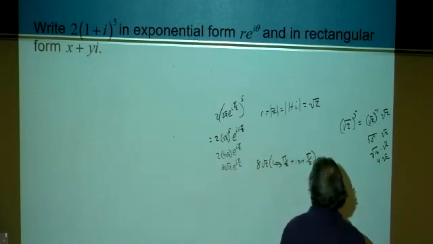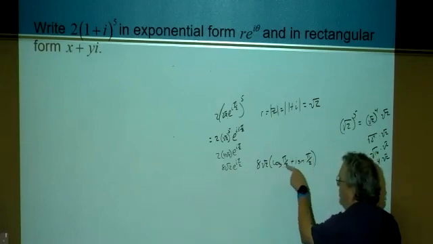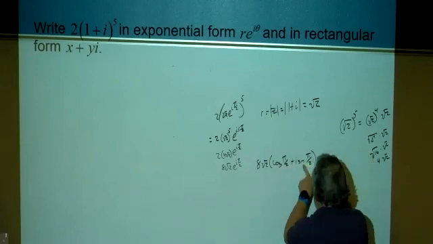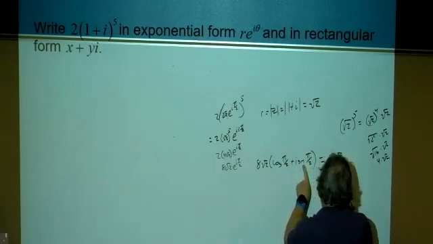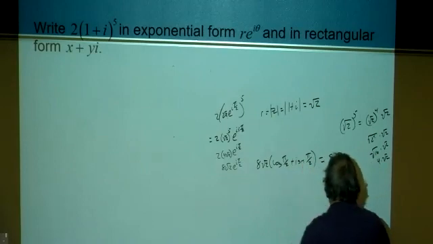And just like the other one, this goes to 0 and this is just 1. So this is going to give me 8i square root of 2, or they're going to write it as 8 square root of 2 times i.